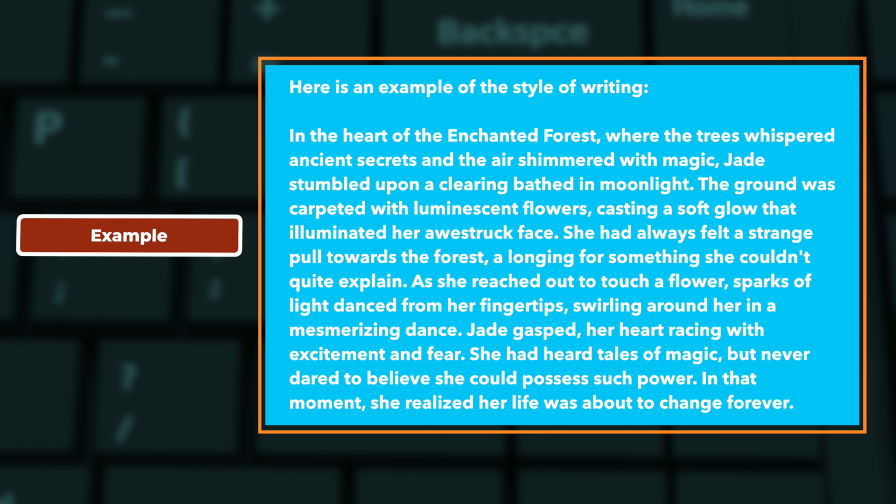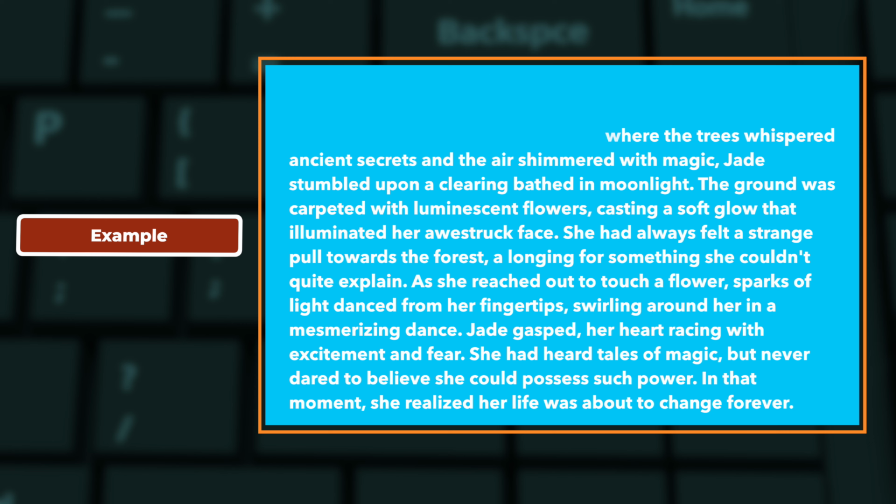As she reached out to touch a flower, sparks of light danced from her fingertips, swirling around her in a mesmerizing dance. Jade gasped, her heart racing with excitement and fear. She had heard tales of magic, but never dared to believe she could possess such power. In that moment, she realized her life was about to change forever.